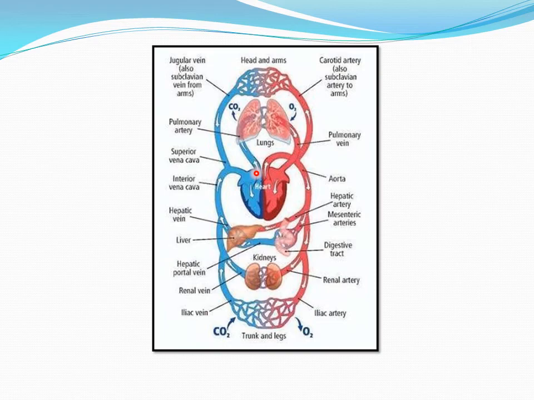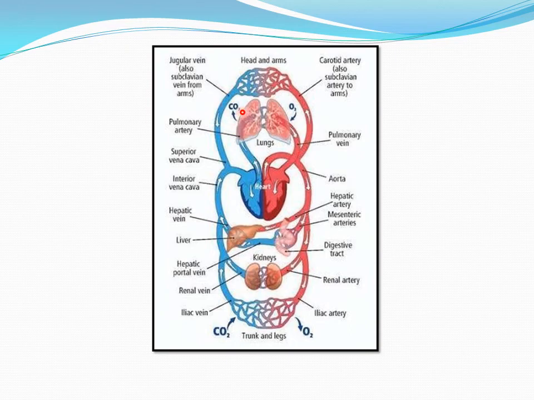Then from the right ventricle, via the pulmonary artery, the deoxygenated blood is pumped out to the lungs for purification, or for combining with oxygen, and carbon dioxide is expelled from the lungs.